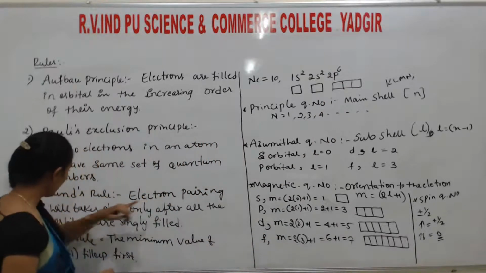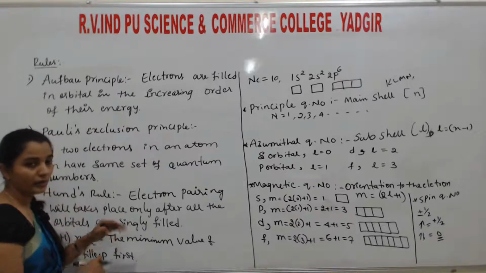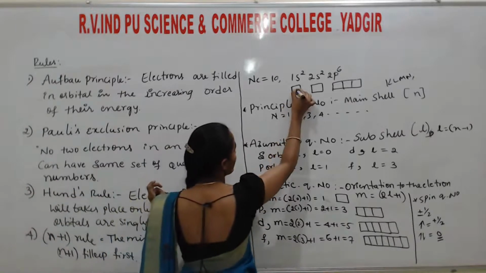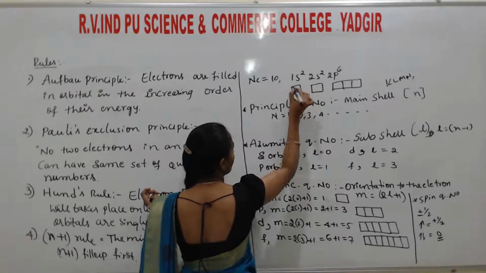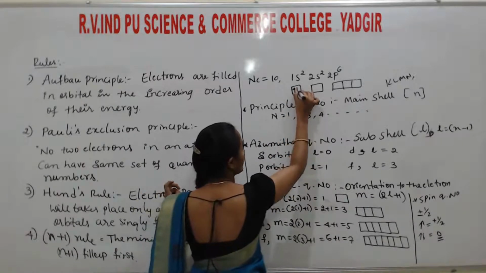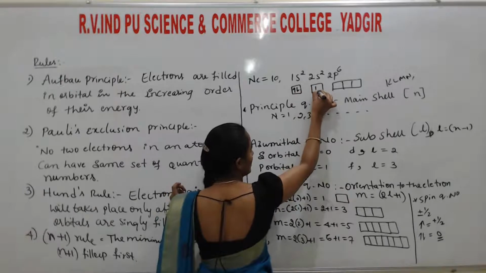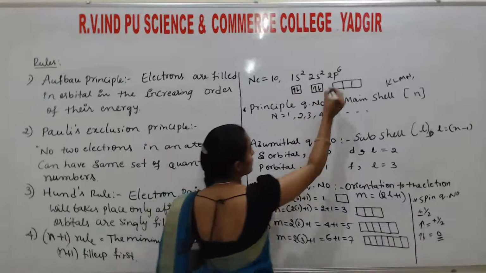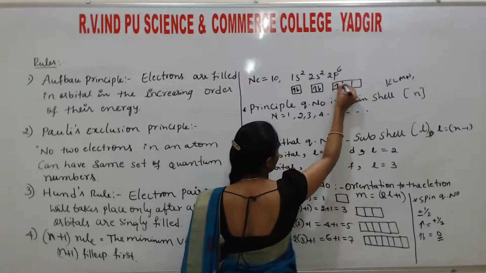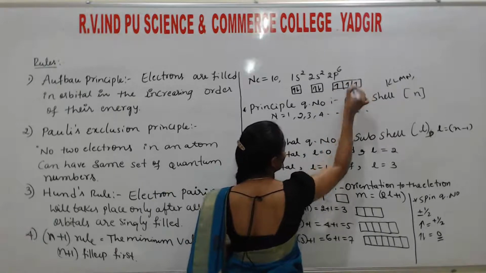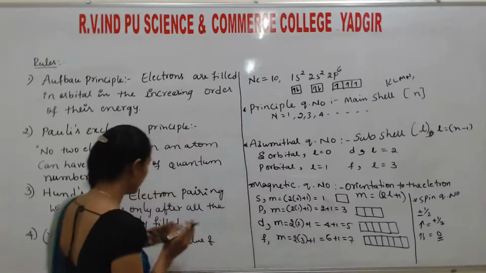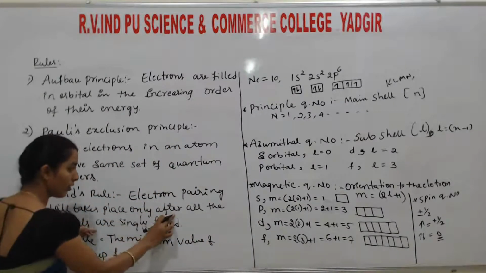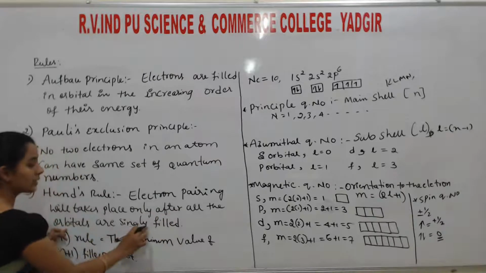They said electron pairing will take place only after all the atomic orbitals are singly filled. For example, listen, this is the orbital. First one electron fills up, next pairing up. Here also one electron, next pairing up. So here first one electron, two electron, three electron. First singly filled, that is, the electron pairing takes place only after all the orbitals are singly filled.